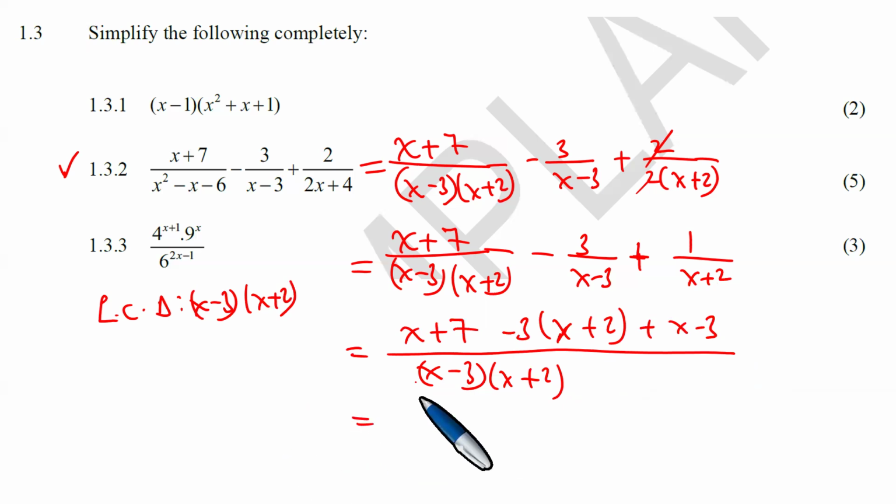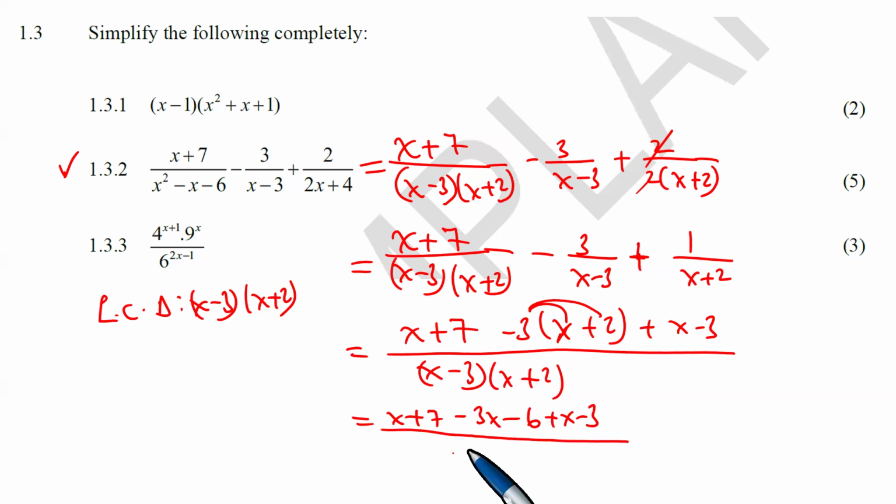Okay, good friends. Now we have x plus 7. Then we distribute here. Minus 3 times x is minus 3x, minus 6, plus x minus 3, all divided by x minus 3, x plus 2.